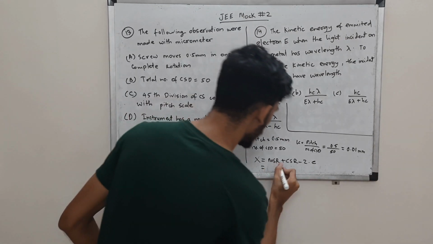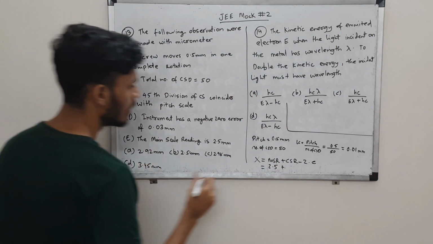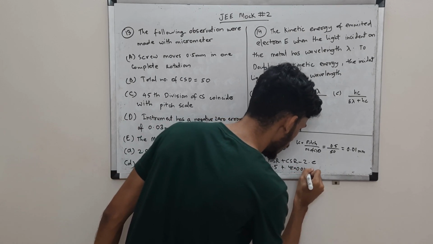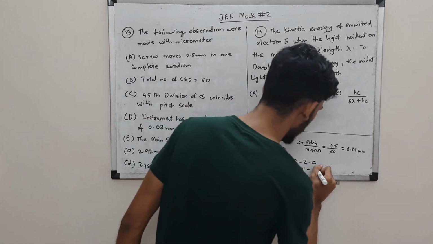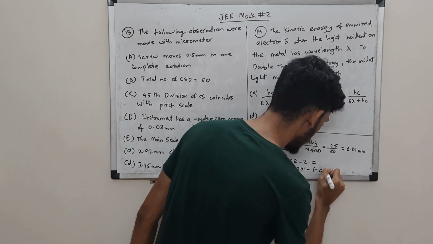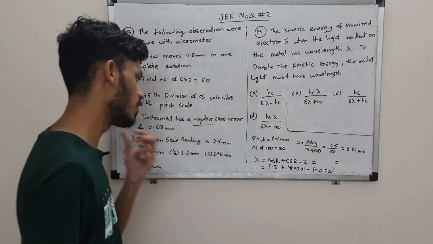So main scale reading is 2.5 millimeter. Then circular scale reading, this coinciding division into least count, which is 0.01, minus zero error. Zero error is in this case negative, so minus minus 0.03. So let's do this all at once.